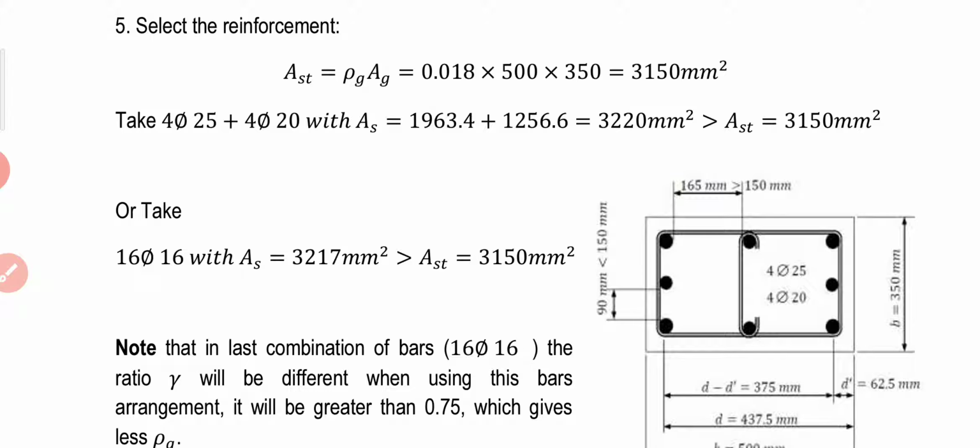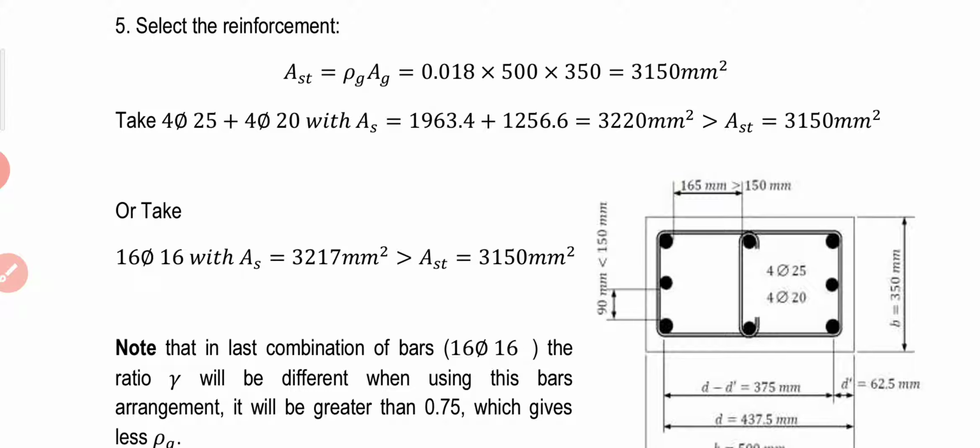This is the area for 4 bars of 25 mm diameter. This is calculated from 4 into pi by 4 d square, which is 25 square.